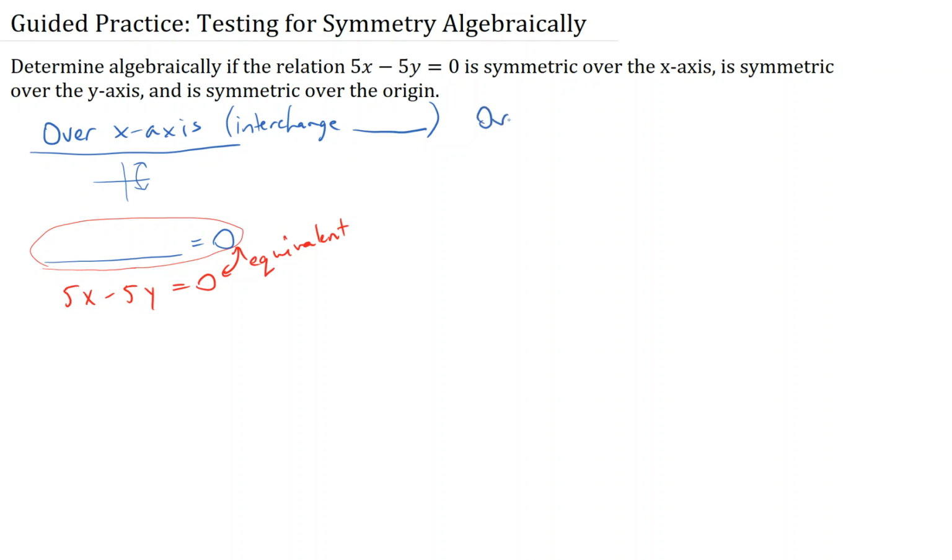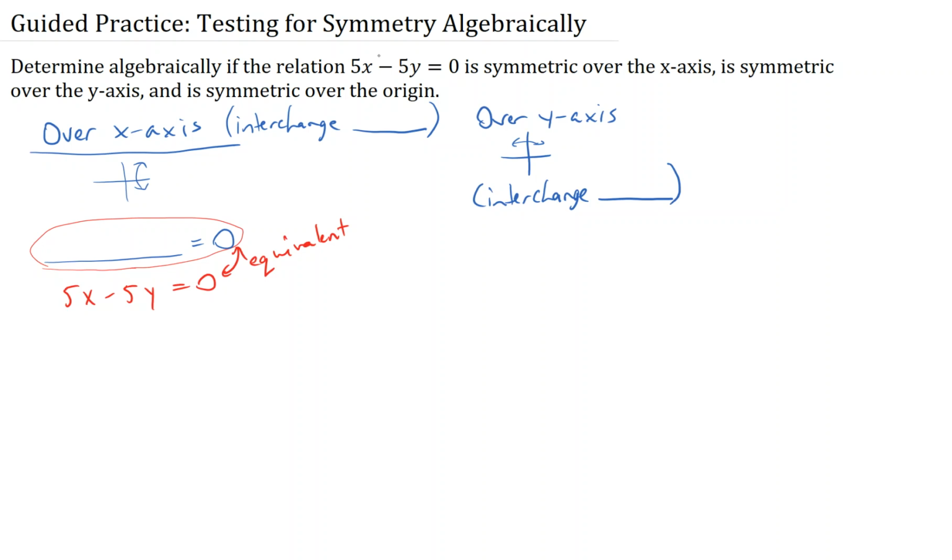Now let's look over the y-axis. When you look over the y-axis, it looks like this. So what are you going to interchange here? Pause and write in what you're going to do.